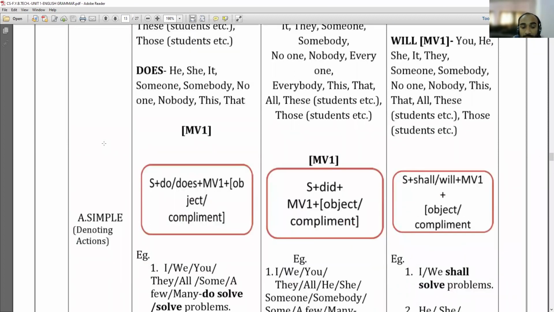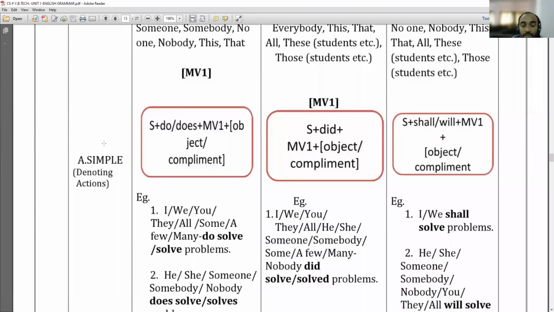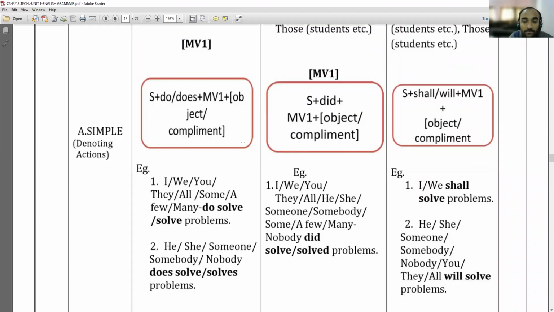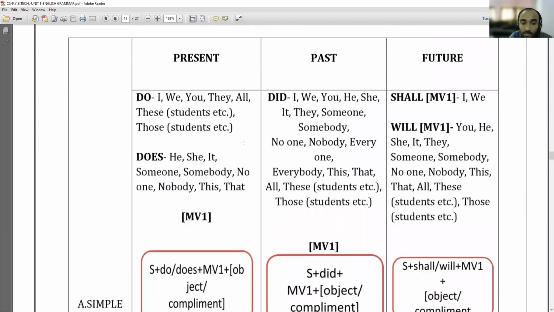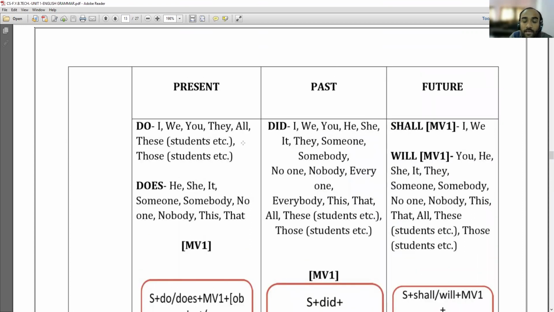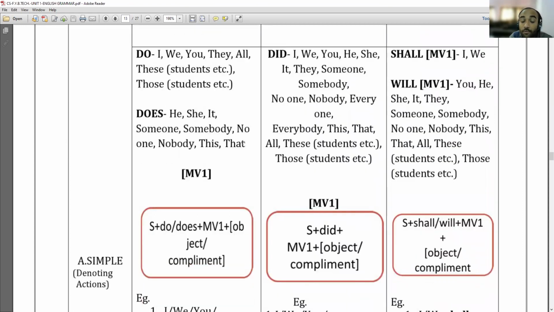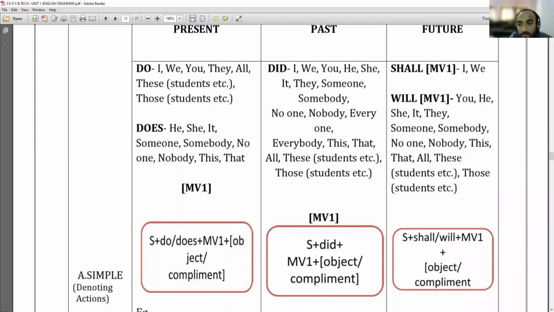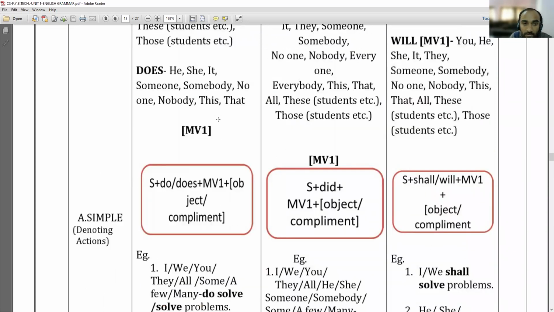So today we are going to look at the simple tenses which are denoting the actions. Okay, we are going to discuss the simple tenses which are denoting the actions. आता आपण या ह्याच्यामध्ये काय बघणार आहोत तर chart of the supporting verbs and the sentence structure which is used for denoting the actions in the present, in the past, or in the future, that we are going to discuss in today's lecture.